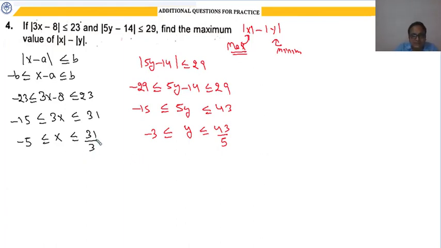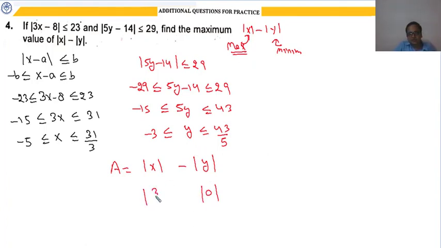Now 31 by 3 is 10.33. We have to maximize this expression |x| minus |y|. Now if we take any value of y as negative also, then the mod will give a positive value. So we take y as 0, as 0 lies in this range.